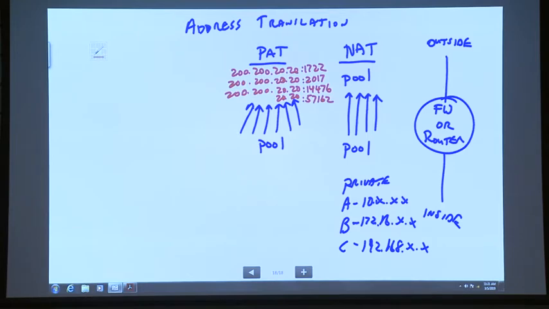We have something that is known as interface NAT. So at home, I've got an ISP that connects into my DSL box.